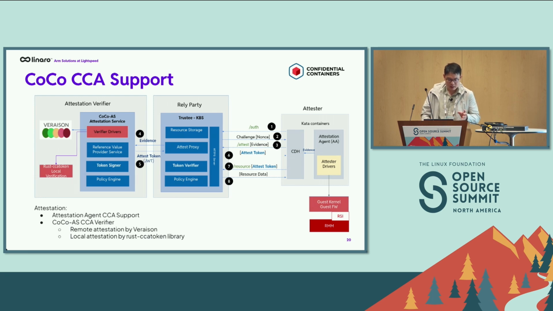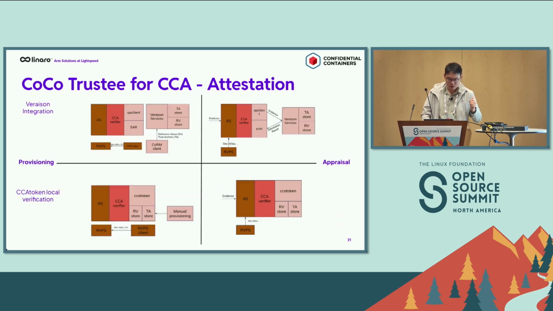So for the CCA support, what we should do here is that in the attestation agent part, we need to support CCA, and also in the attestation verifier part, we need to add the support. For both of those two, we have two integrations with Coco. The first one is a Verizon integration.